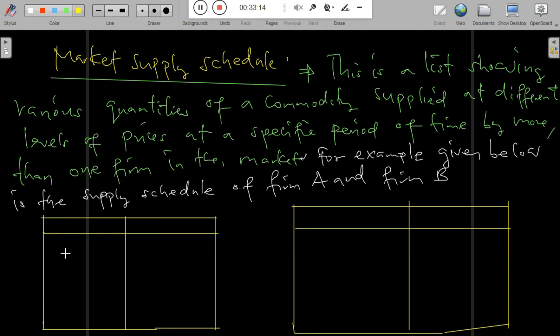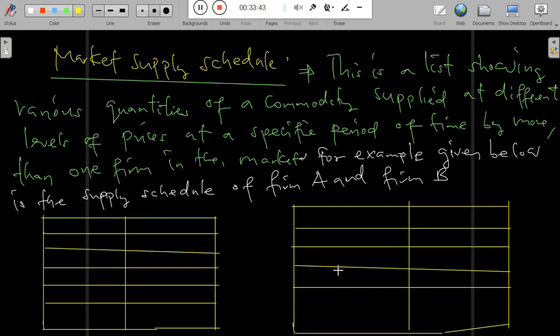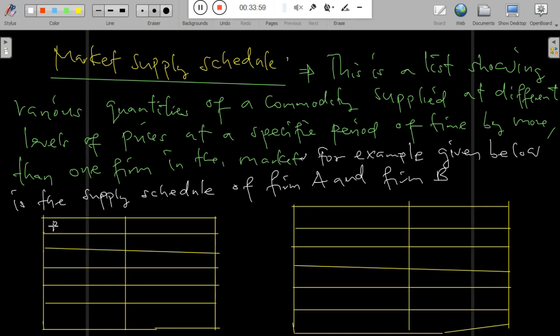Let's assume we have the single individual supply schedule on the left-hand side, and we also have another supply schedule that shows the combination of the market supply schedule of the two firms. For that case, suppose we have the price on the left-hand side in Tanzania shillings, and we also have the quantity in kilograms.